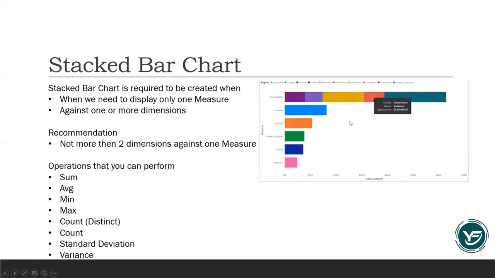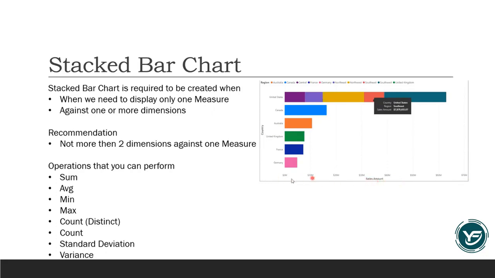So here is the more visual side of the stacked bar chart. This is an example of the stacked bar chart. If you look more closely, if you follow my red pointer of the mouse, you will see the values here on your x-axis, named sales amount.